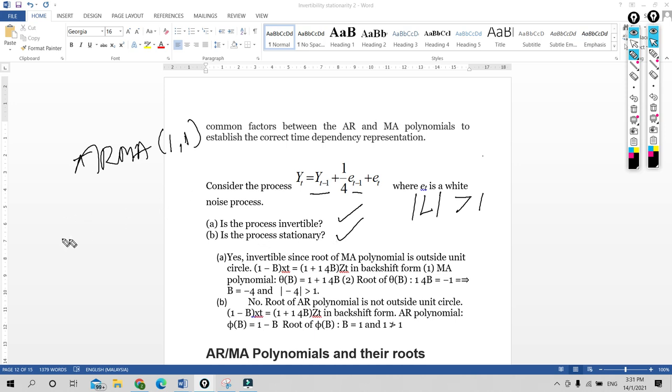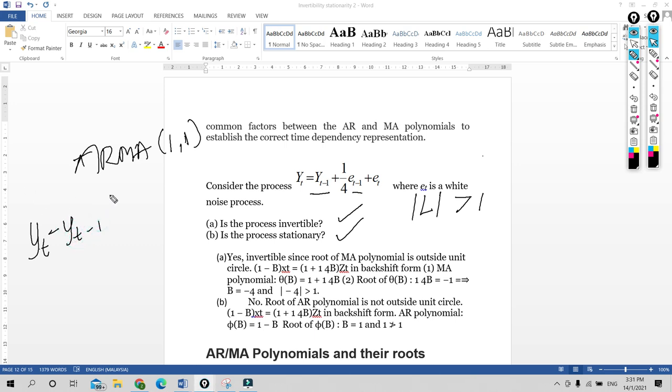By considering y_t here, we have y_t equal to y_{t-1}.